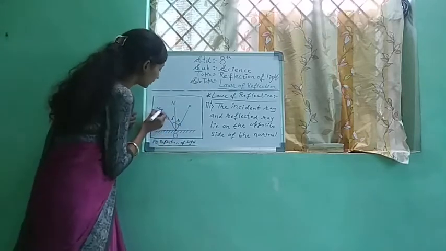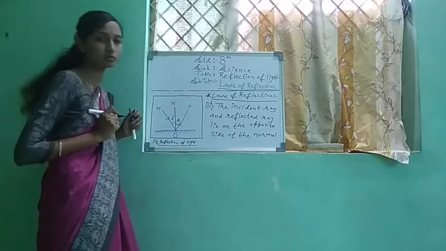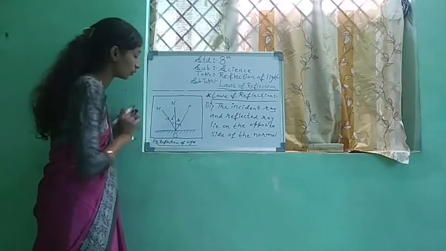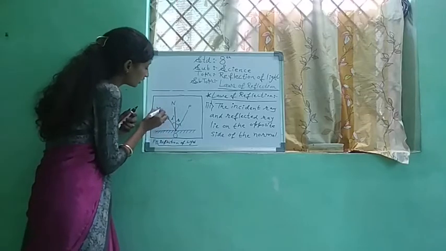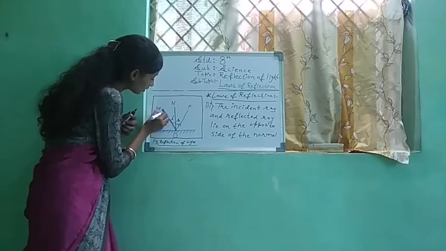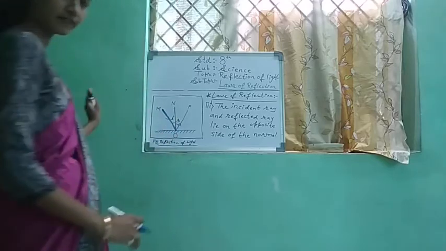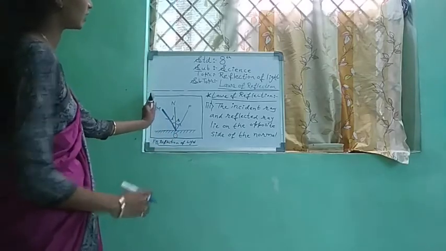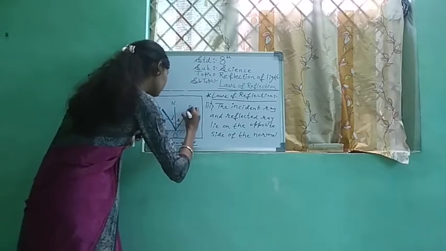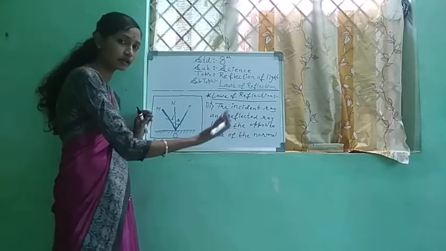Here you can see this is the normal, means ON or NO is the normal, and this incident ray MO is on the left hand side of this normal. And this OP is on the right hand side of the normal, right?